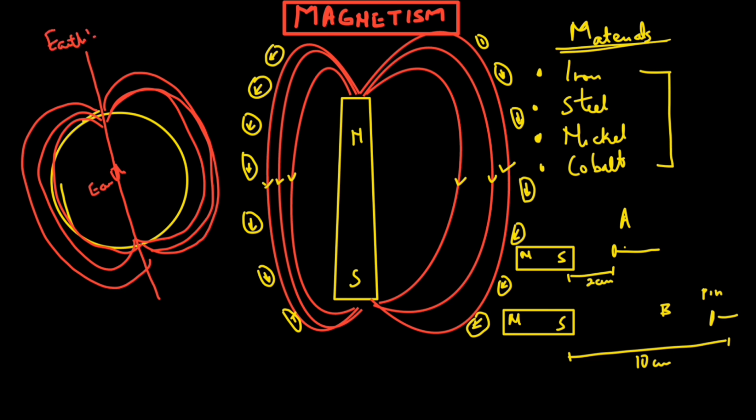So what you have here, that's the Earth's magnetic field. The needle in a compass contains a tiny bar magnet, and then the compass will point in the direction of the Earth's magnetic field.